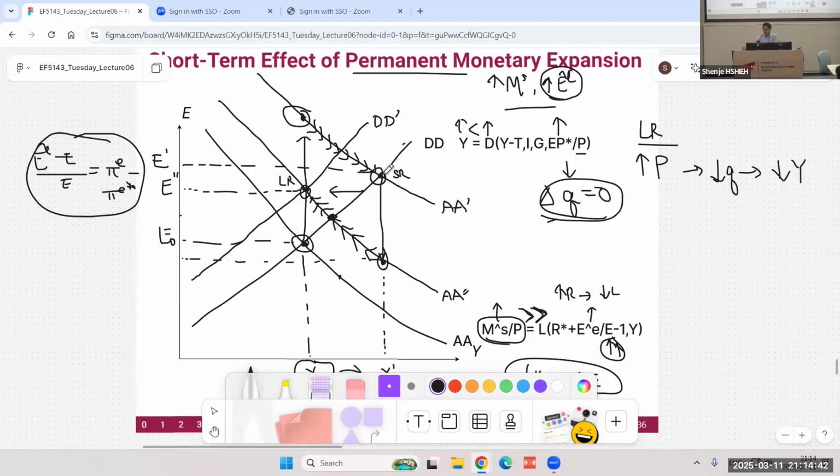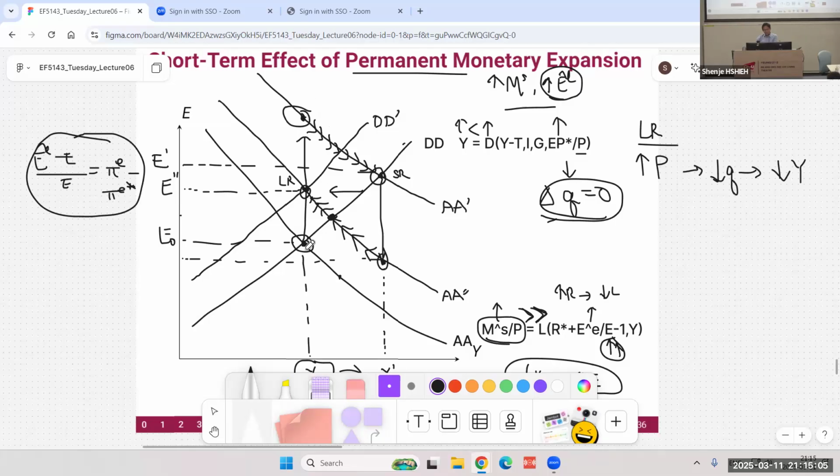So our short-term equilibrium is up here, right? All else equal, assuming the DD schedule doesn't change, right? The way it works again is to think about who responds first, and then the real economy adjusts itself over time. So here we jump from here to here, and then realize that the E is too high, right?